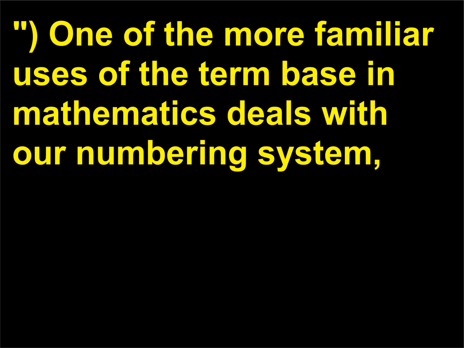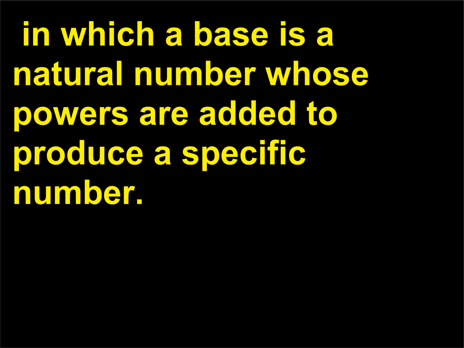One of the more familiar uses of the term base in mathematics deals with our numbering system, in which a base is a natural number whose powers are added to produce a specific number.